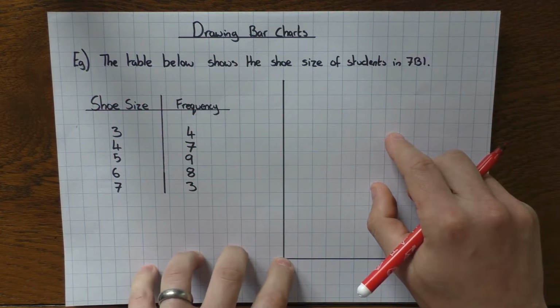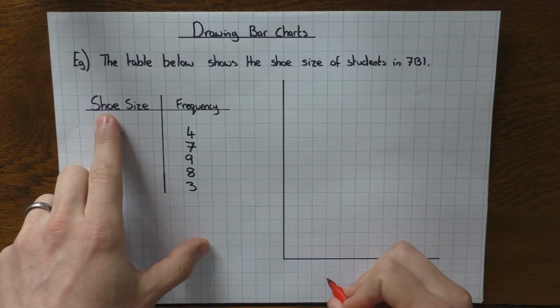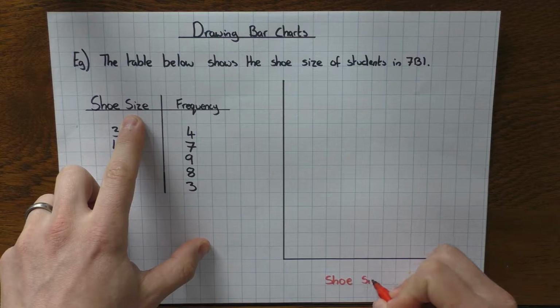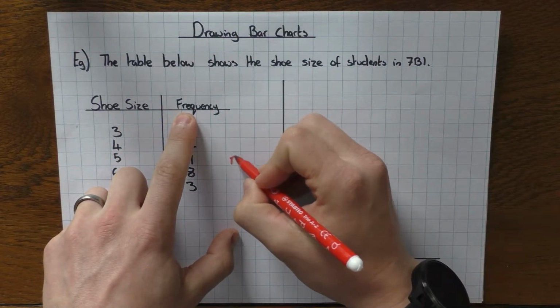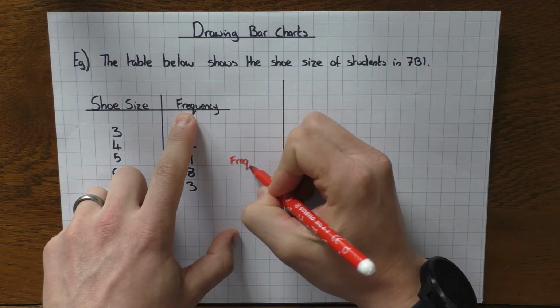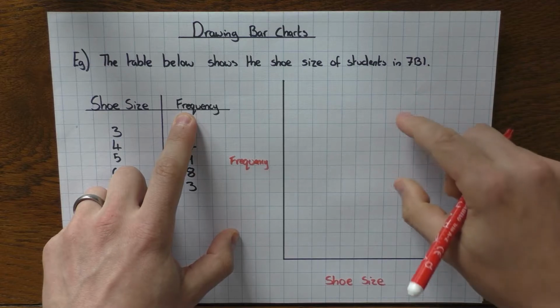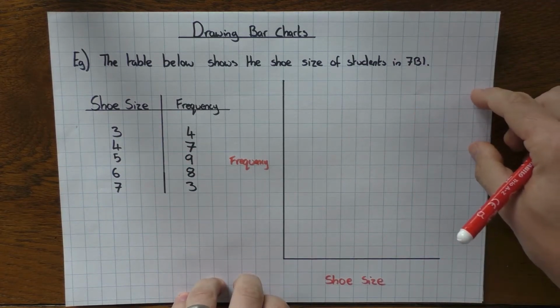Okay, so the first thing you need to do is label your axes, and you will lose marks if you don't, and if it's not on a bar chart, that is a mistake. Okay, so shoe size down there and frequency on the Y-axis. Okay, so that's the first mistake that could be made, labeling your axes.